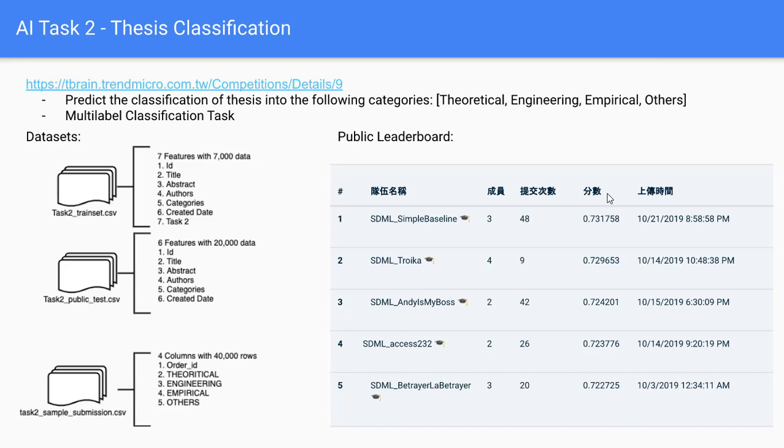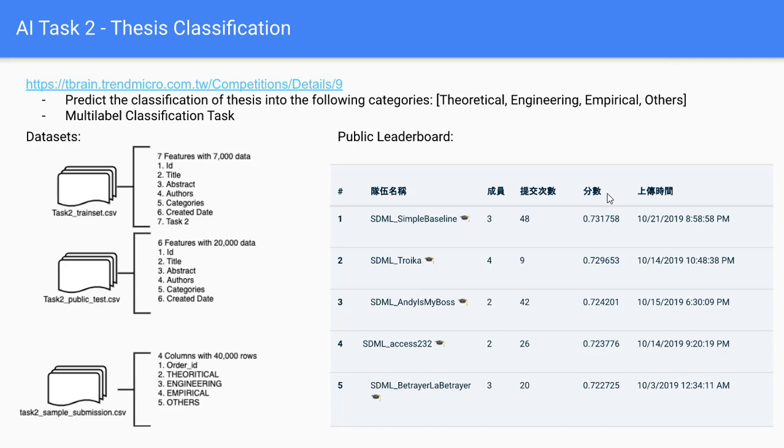The first one is the task 2 trainset, that consists of 7 features such as ID, title, abstract, author, categories, and created date, and also the task 2 with 7,000 data. And then the second dataset is the task 2 public test.